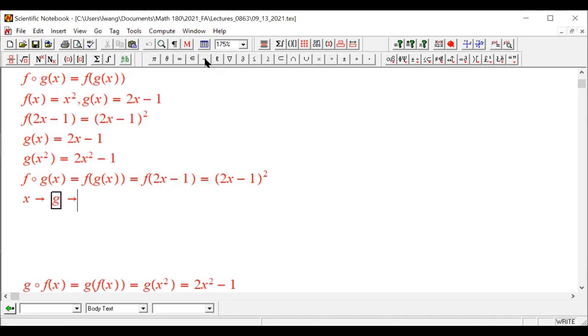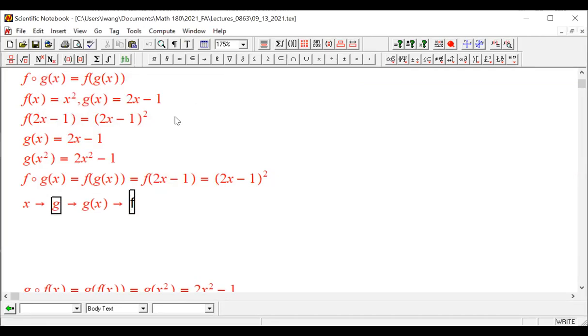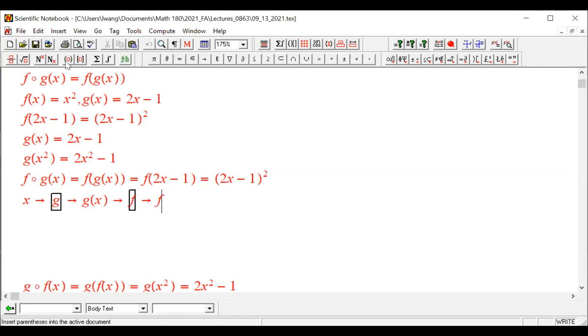We get G of X, and G of X is served as the input for F, and then it produces F of something, right?